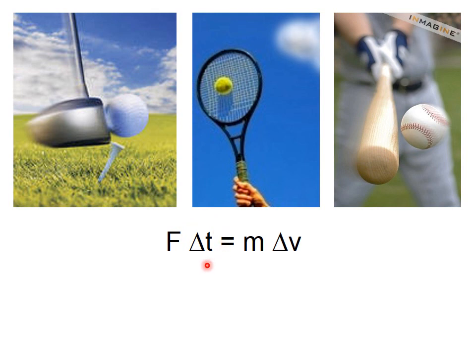In other words, by following through, the amount of time that the ball is in contact with whatever's hitting it is maximized. So if you swing very hard and follow through, that will make both of these terms, F and delta t, rather large, and that will make the change in momentum of the ball be a maximum.